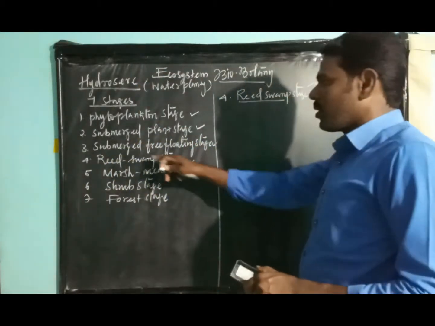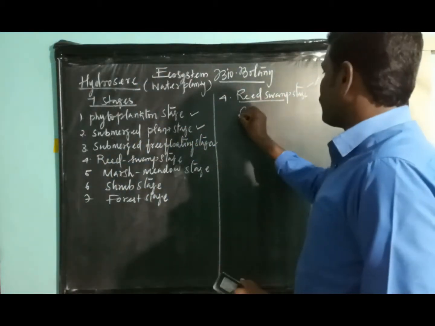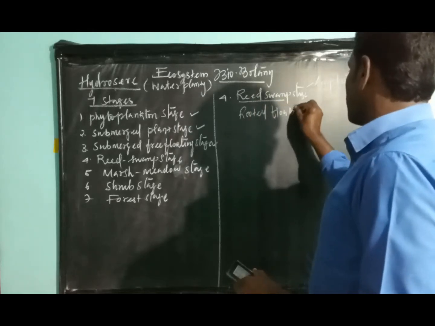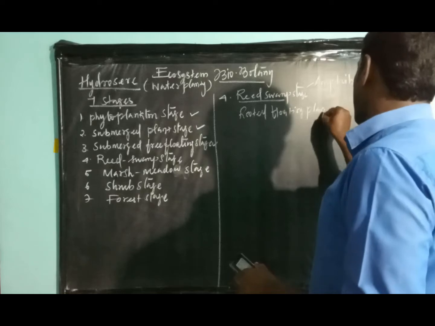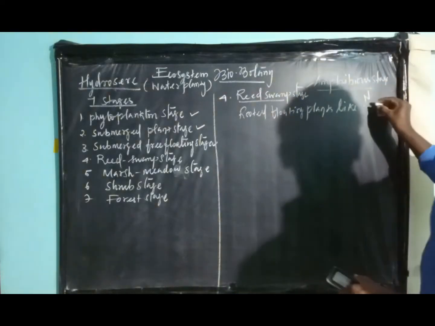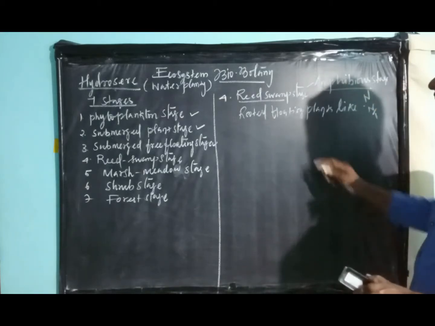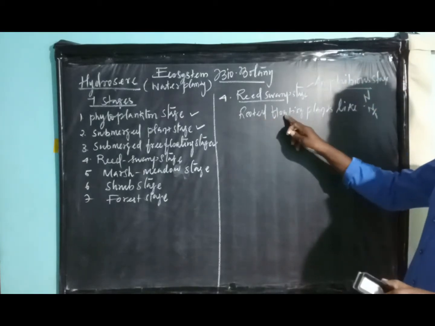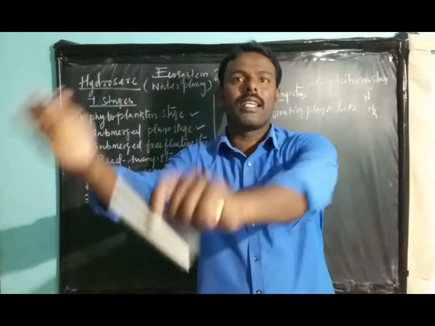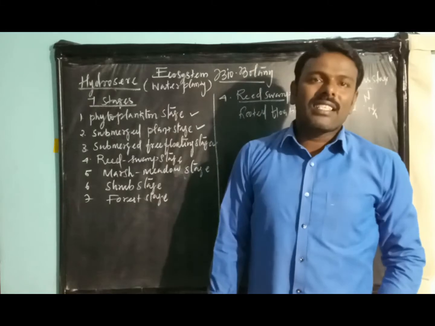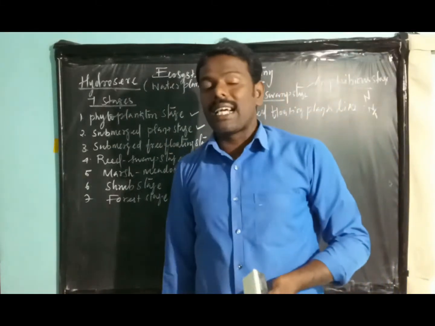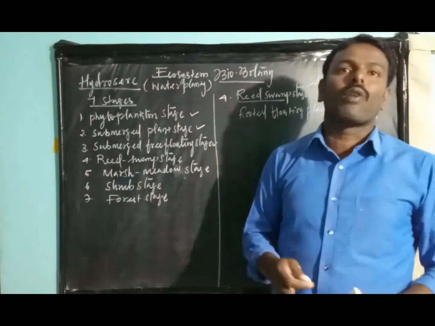During this stage, the rooted floating plants, which we already learned about in the third stage, like Nymphaea, Nelumbo and Trapa, are examples of rooted floating plants. Those plants are replaced by plants which can live successfully in the aquatic as well as aerial environment.